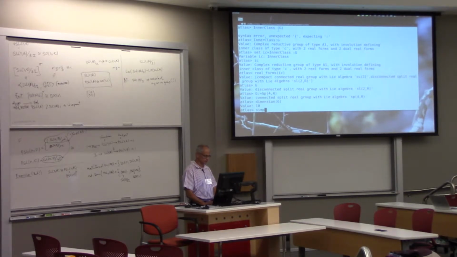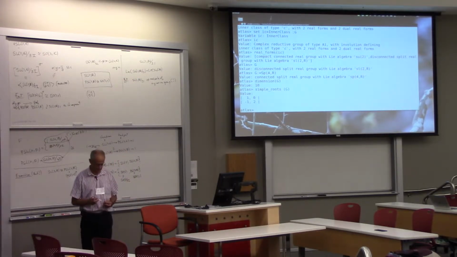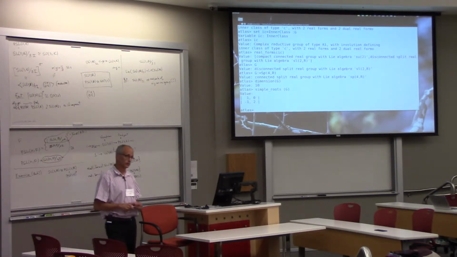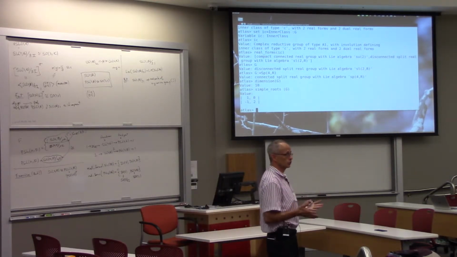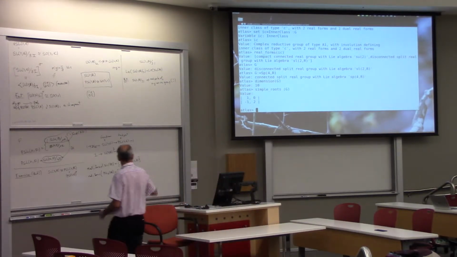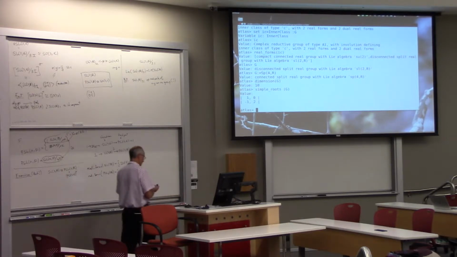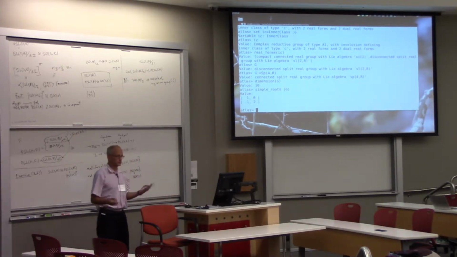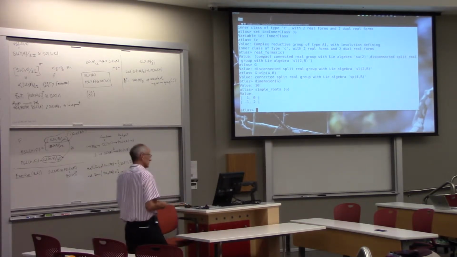What are its simple roots? One of the nice things about Atlas is that for a classical group, like the symplectic group, it chooses the usual Bourbaki coordinates. So when we list simple roots and things like that, they're always columns. And so the two simple roots are (1,-1) and (0,2). That's the standard simple roots for SP4. Okay?